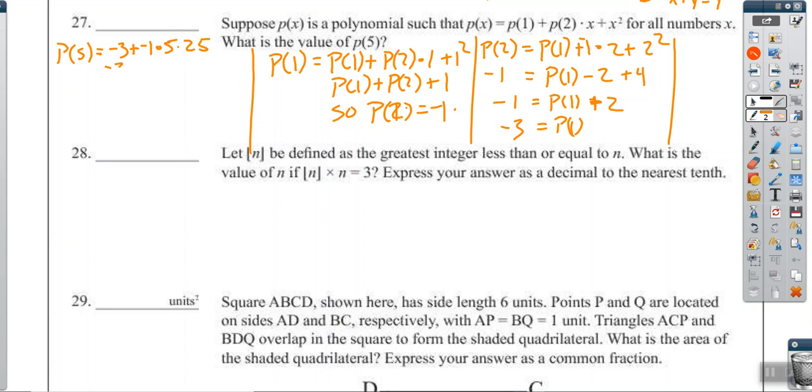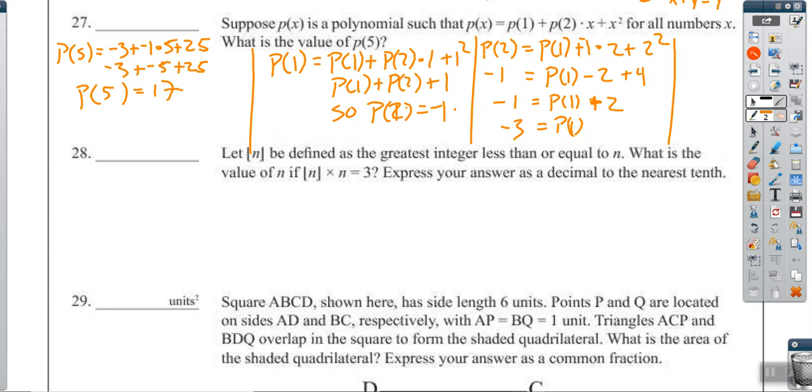All right, so we have -3 plus -5 plus 25. So that's -8. So 25 minus 8 is in fact 17. So p of 5 is 17.